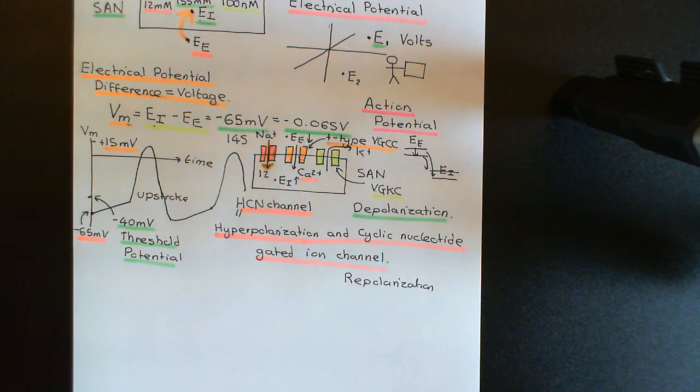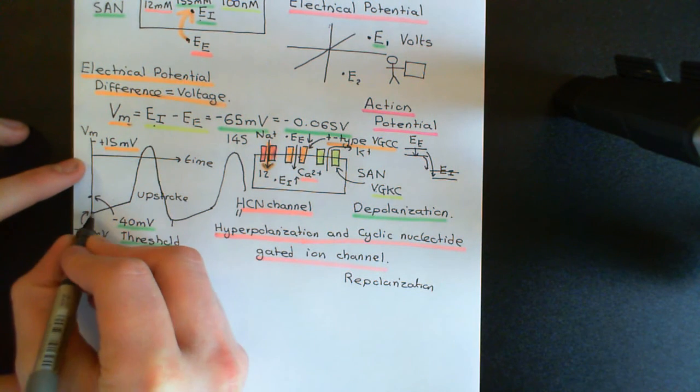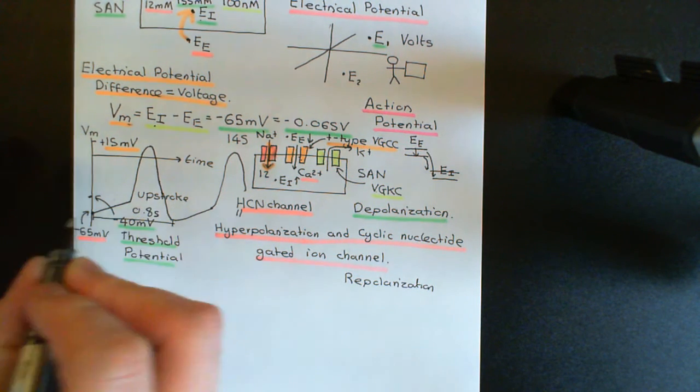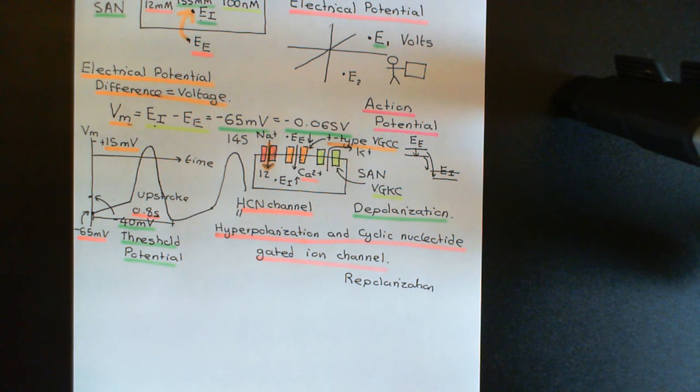And this oscillation in the electrical potential difference across the cell membrane will be generated every 0.8 seconds, or thereabouts. So this period here in time is 0.8 seconds. Okay, so that then is how these sinoatrial node cells are generating this electrical signal, which is this change in the electrical potential difference across the cell membrane every 0.8 seconds.